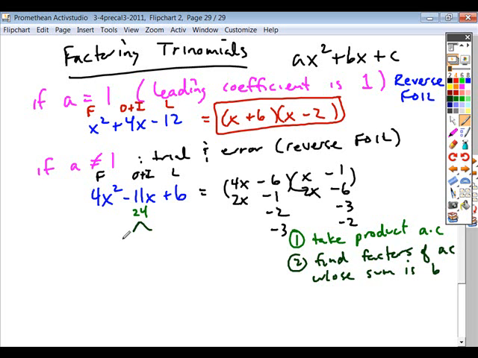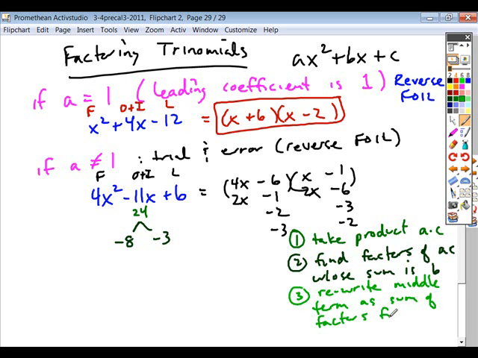Negative 8 and negative 3, right? So once you find those factors, what you're going to do is you're going to rewrite the middle term as the sum of the factors from this step number 2.